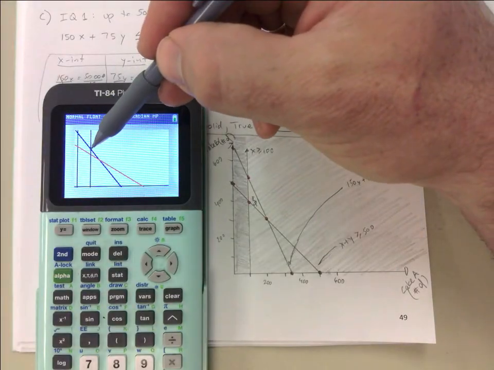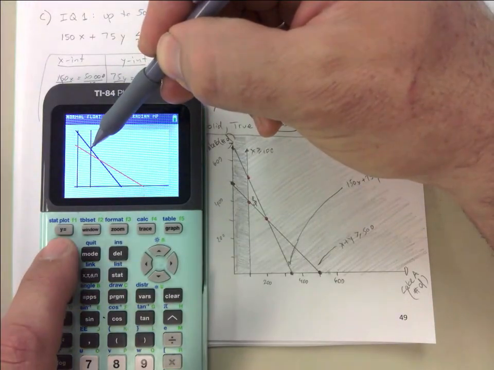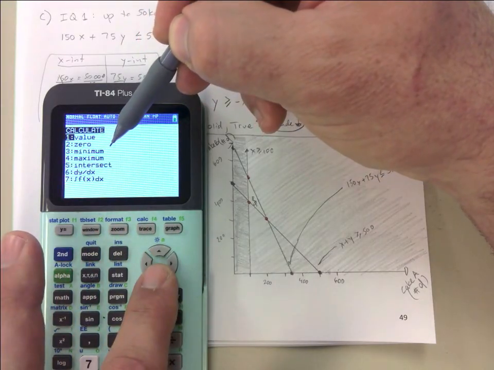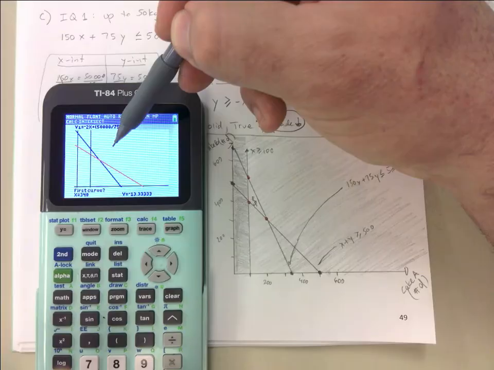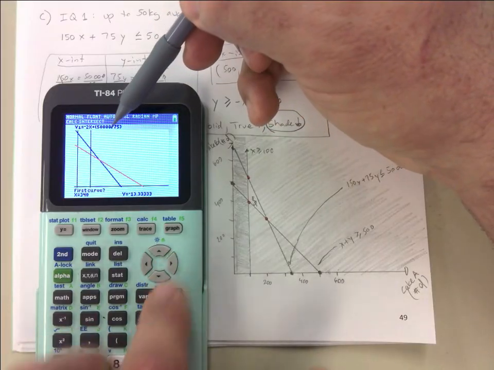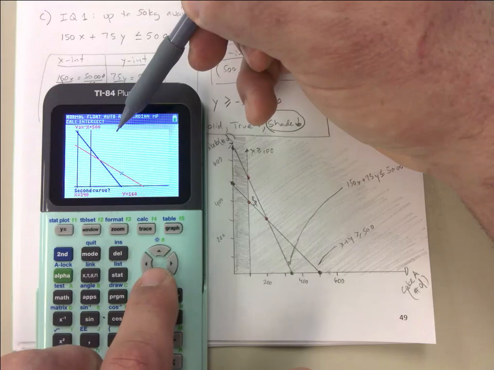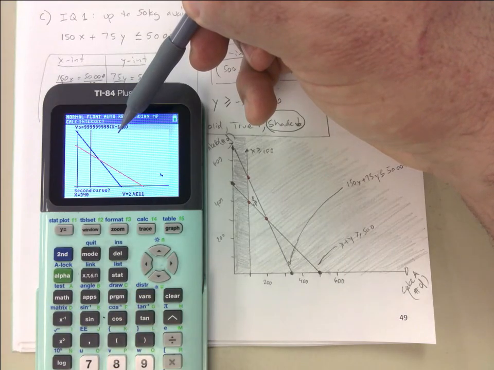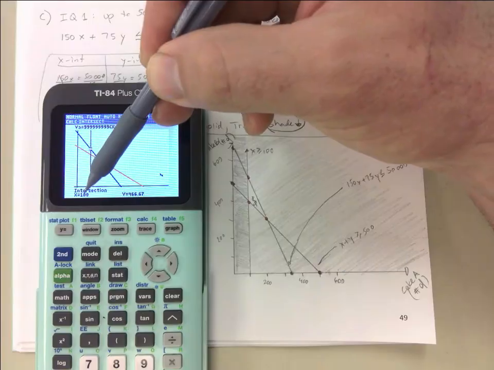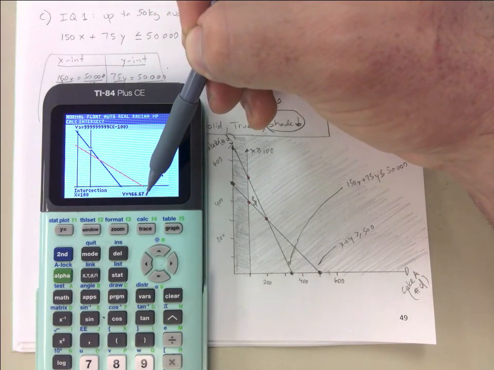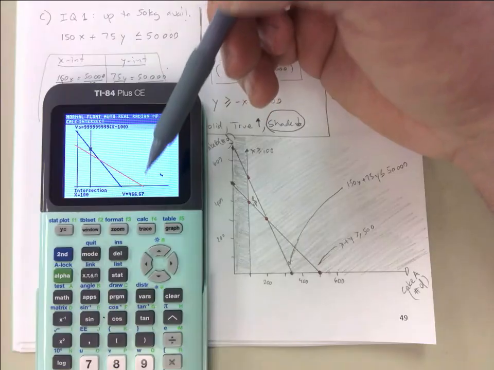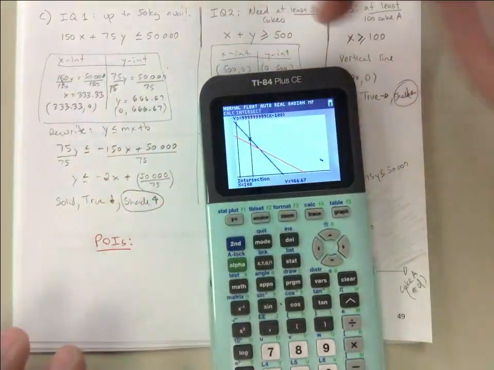I'm going to go find the one between the black and the blue line. So second, trace, intersect. I'm on the blue right now, hit enter. 100, 466.67. That's my first one.